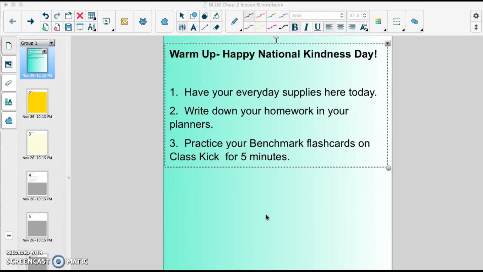So, first things first, we are going to take 5 minutes and go to your Classkick, which is in your Google Classroom, and work on the benchmark flashcard link that I gave you for 5 minutes. And then the sub will hand out the benchmark assessments and have you each do one today.